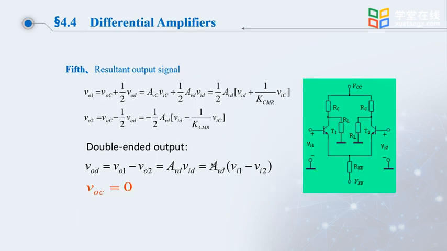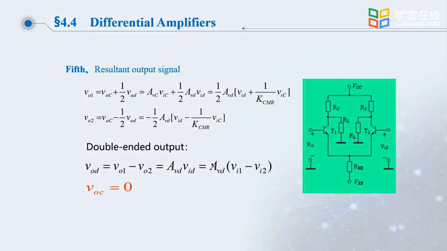After we analyze the differential mode performance and the common mode performance, we can synthesize the final output signal. The single-ended output voltage VO1 is equal to the sum of the common mode output voltage VOC and 1 out of 2 differential mode voltage.